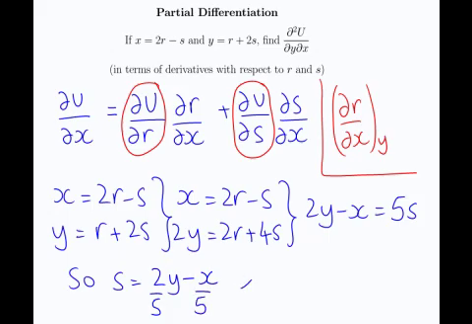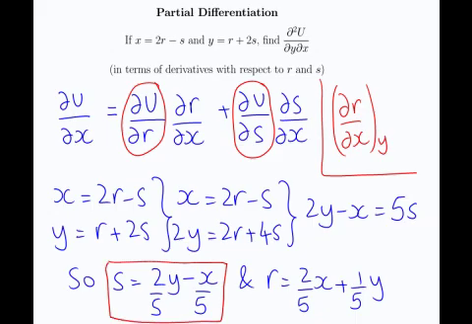And similarly, and I'll leave you to check this, r comes out to be 2/5 x plus 1/5 y. If you're not happy with what I've done there, do please stop this screencast for a moment and verify these two boxed results. They're important. They give me r and s in terms of x and y, which I can then use to insert values into the chain rule.